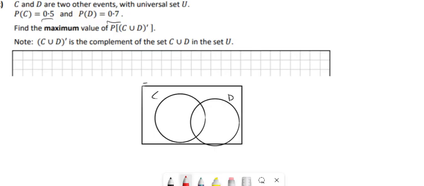What we want is the biggest possible amount on the outside. So what's the biggest possible amount that would be out there? If you're taking the intersection for a minute, if everything that's in C is also in D, so we'll just put 0.5 in there. If all of that is in D, so that's 0.7.